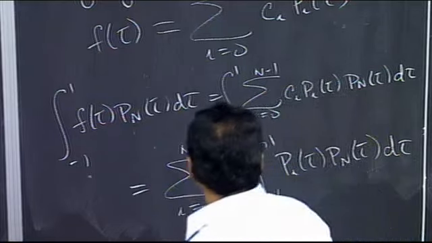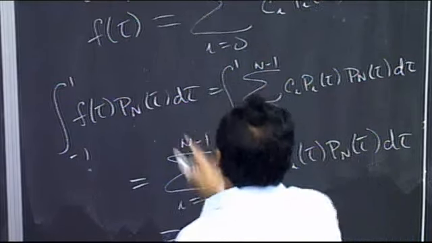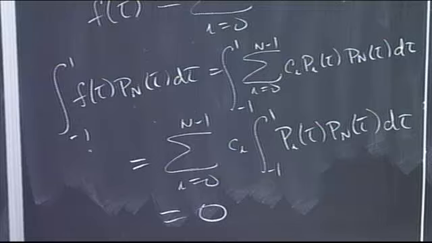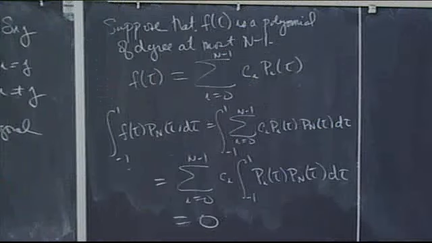But i goes from 0 to n minus 1, so that's equal to 0, which means that any polynomial of degree n must be orthogonal to all the Legendre polynomials up to n minus 1, right?